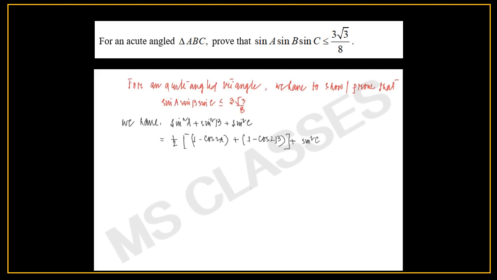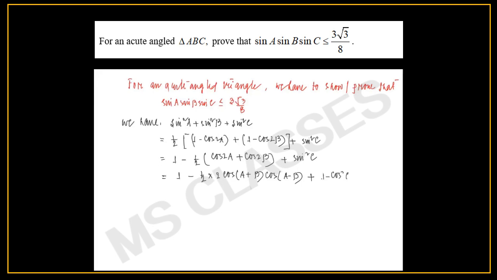Now from here we can write 1 minus half of cos 2A plus cos 2B, and sine square C we keep as it is. Next we get 1 minus half into 2 cos A plus B into cos A minus B, plus we have sine square C, which we can write as 1 minus cos square C.